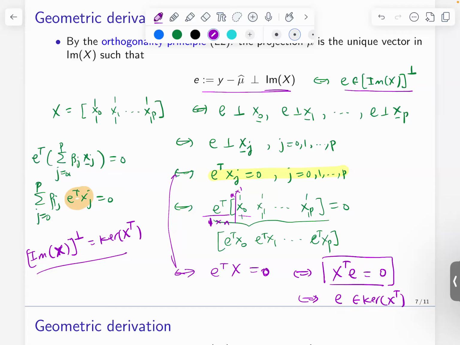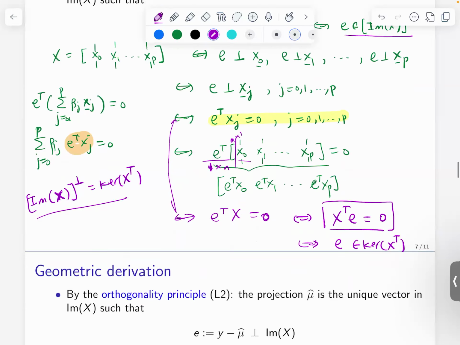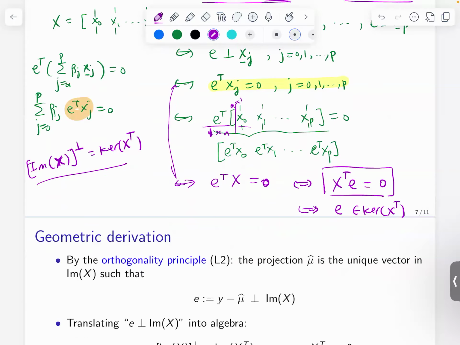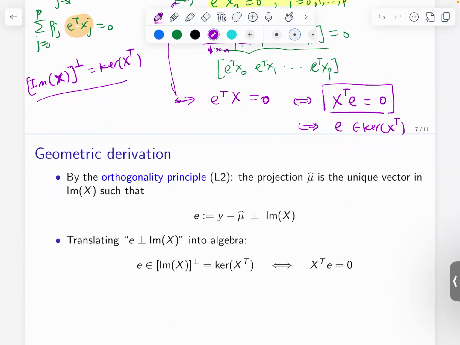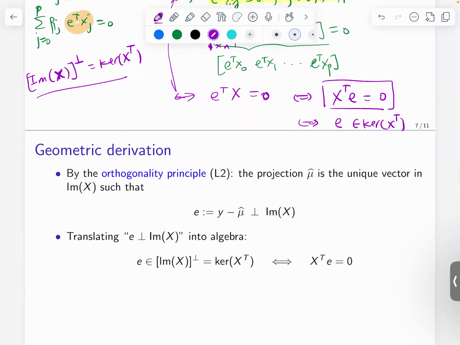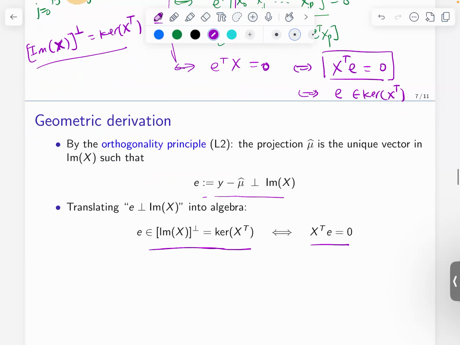This is linear algebra, so this is geometry and algebra together. A geometric fact is translated into algebra, and you can get intuition about geometry using algebraic manipulation. We started with this geometric idea. We know this, so we get this one. On this slide, I'm assuming that you know this identity, but we proved it. And so if I write it down, X transpose times Y minus mu hat is 0.